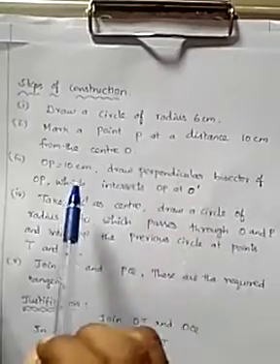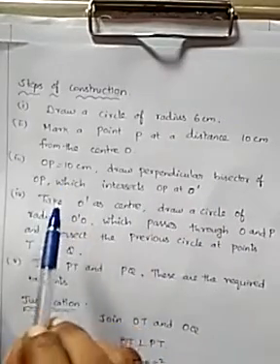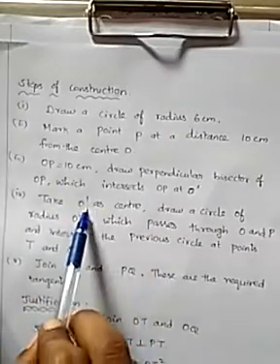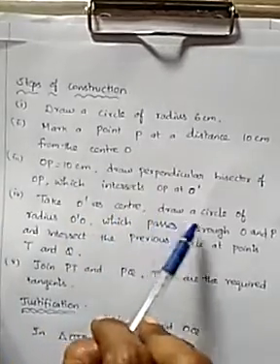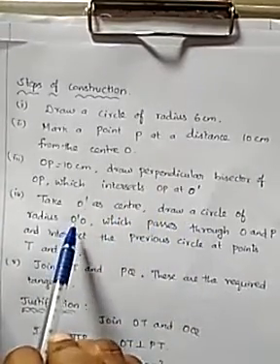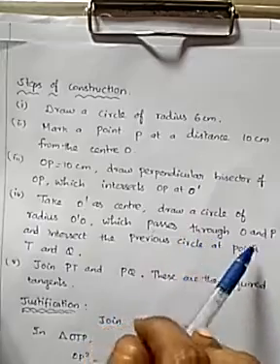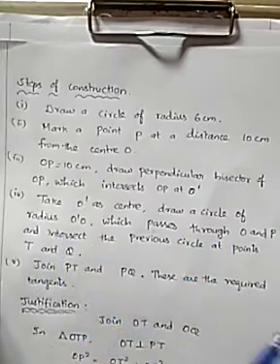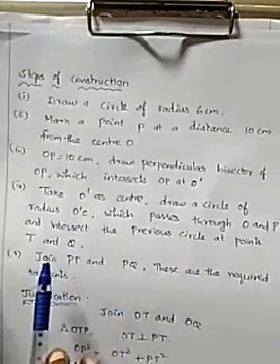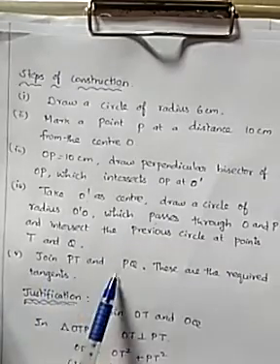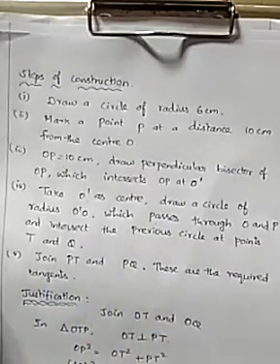Draw a perpendicular bisector. Fourth, take O dash as the new center. Draw a circle of radius O dash O, which passes through O and P and intersects the previous circle at the points T and Q. Then join PT and PQ. These are the required tangents.